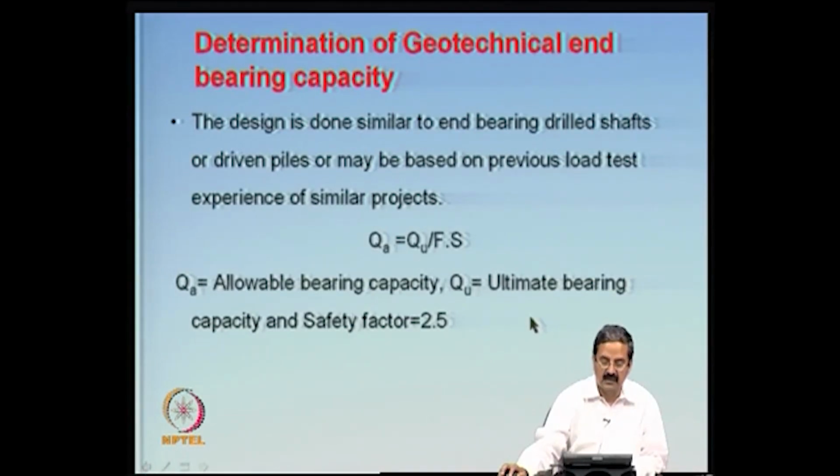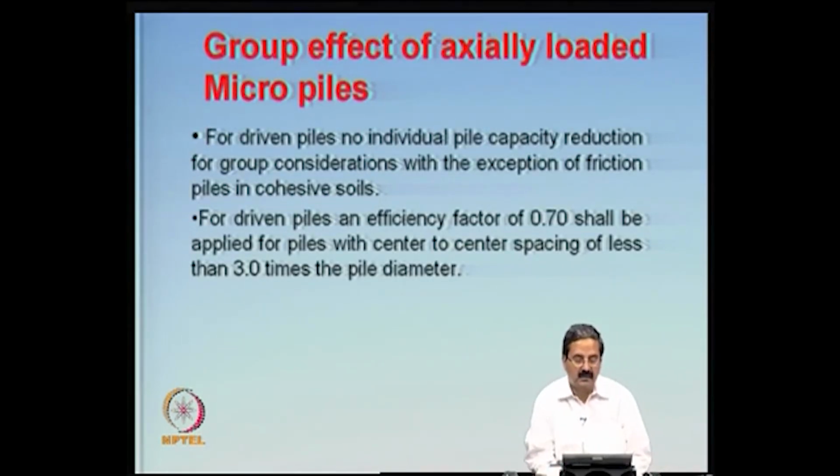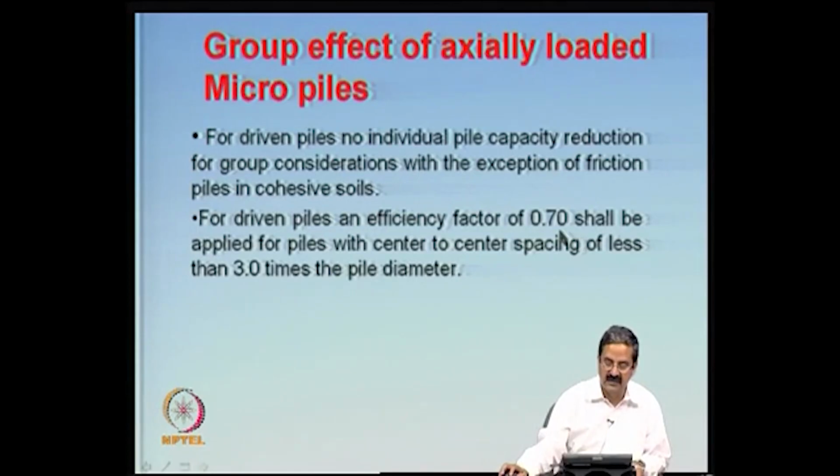The other one is the axial capacity of the micropile. Normally we try to put them in the form of a group of piles. For driven piles there is no individual capacity reduction for group considerations, with the exception of friction piles in cohesive soils. When we consider group action, we use an efficiency factor of 0.7.